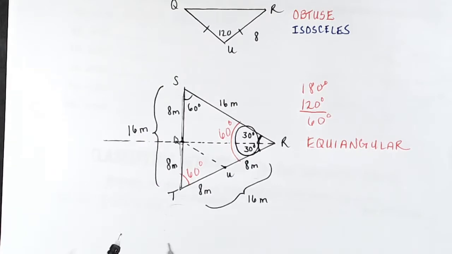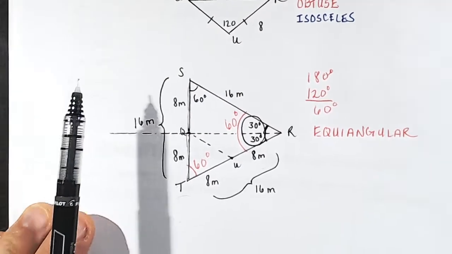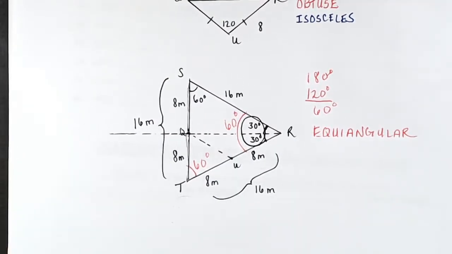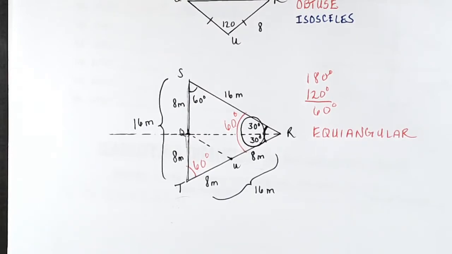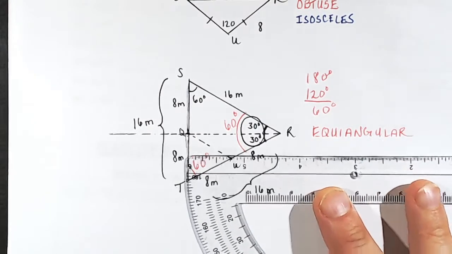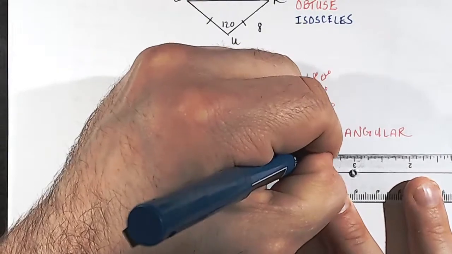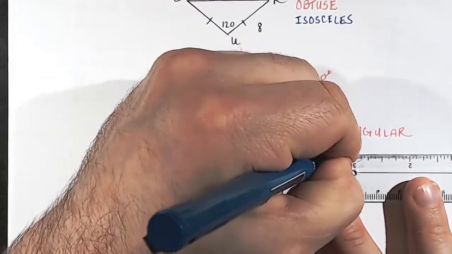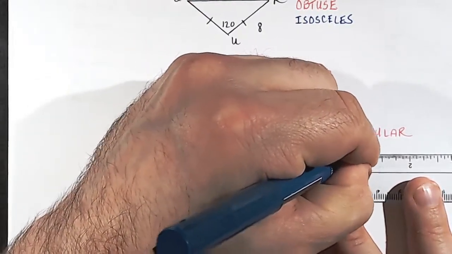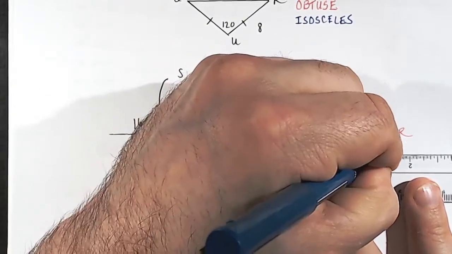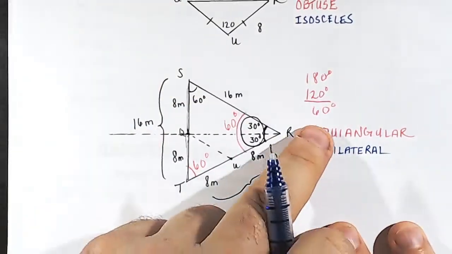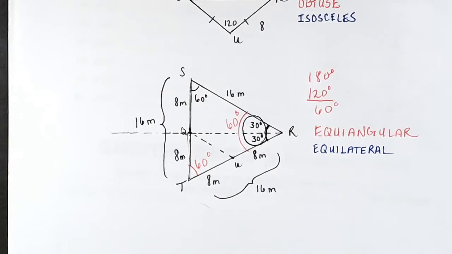So notice that from a lateral perspective, we have 16, 16, and 16. So this is equilateral as well. So it's equiangular and it's equilateral.